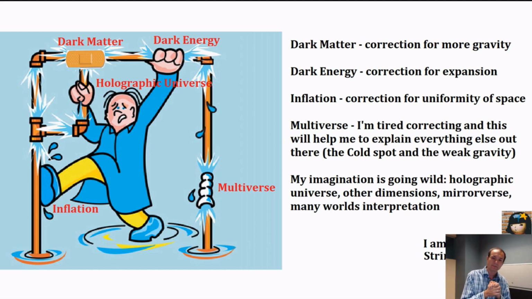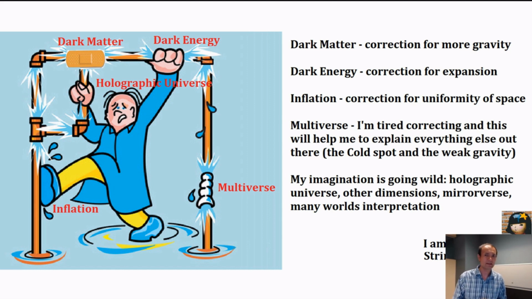Another problem. It turns out our universe is very uniform. What it means is there are no super dense areas and super not dense areas. It's kind of all distributed nicely. So Big Bang, if it just exploded from one point, the density should decrease as we expand, and rapidly decrease. But that's not what we see, so we had to invent something.